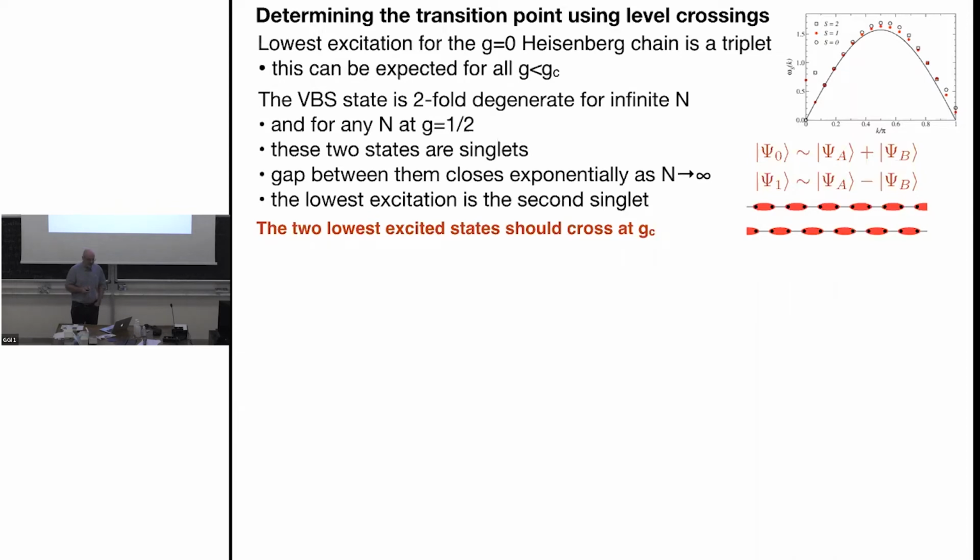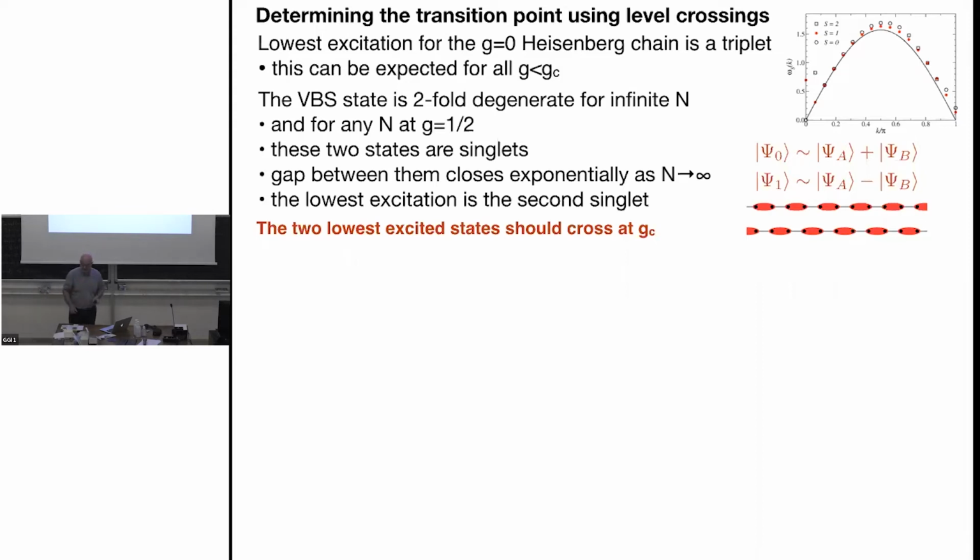So that means, inside the dimerized phase, the lowest excitation of the ground state will be a singlet, whereas in the Heisenberg chain, in that whole phase, the triplet should be the lowest excitation.